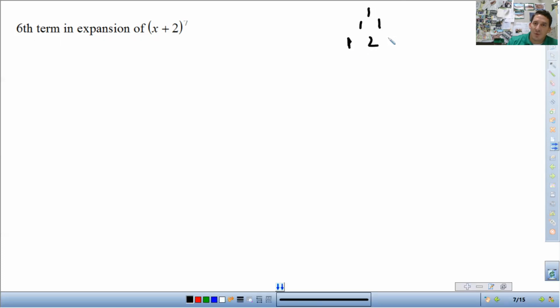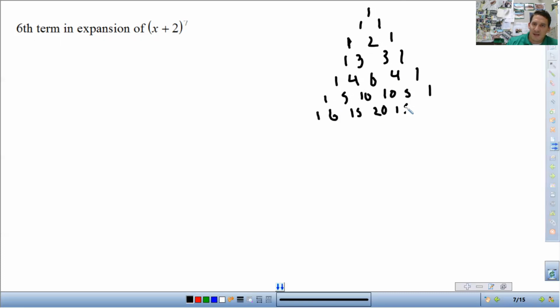So 1, 2, 1, 1, 3, 3, 1, 1, 4, 6, 4, 1, 1, 5, 10, 10, 5, 1, then 1, 6, 15, 20, 15, 6, 1, and then 1, 7, 6 plus 15 is 21, 15 plus 20 is 35, 20 plus 15 is 35, 15 plus 6 is 21, 7, 1.